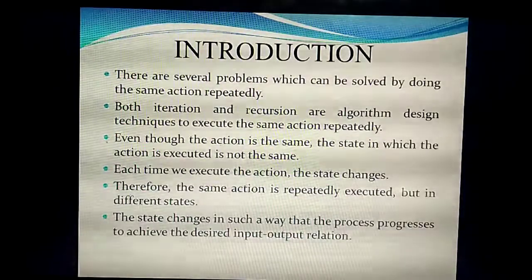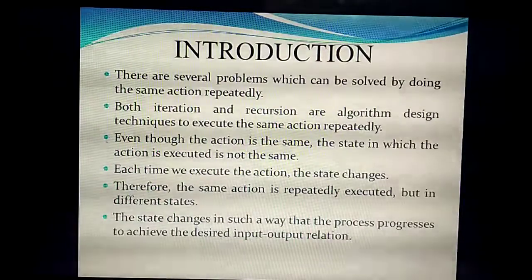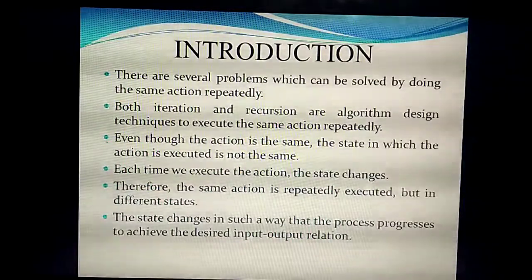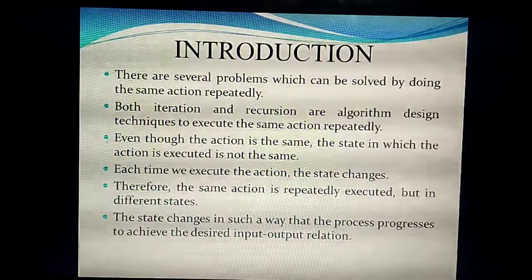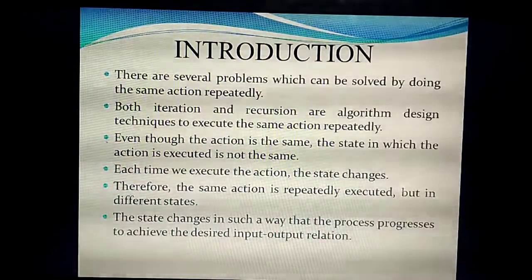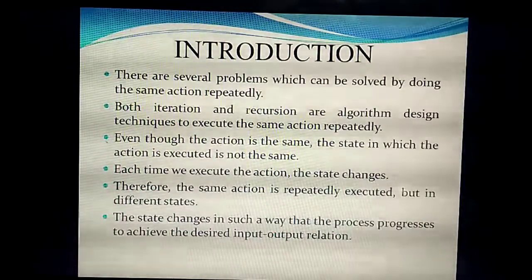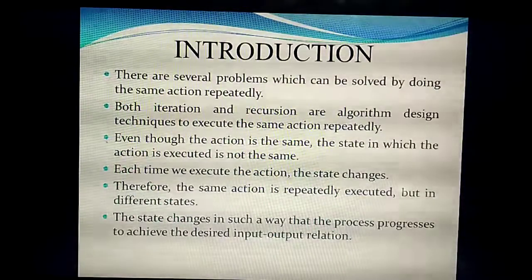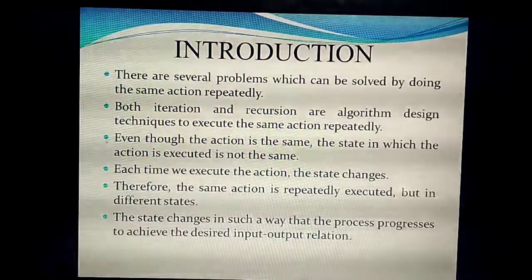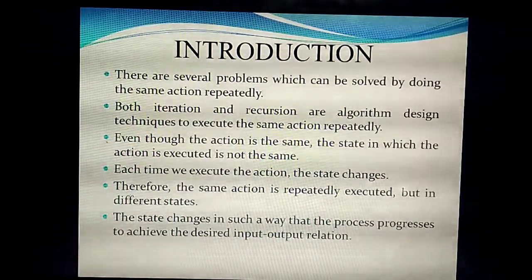For example, for state, immediately remember the example of the traffic signal. In the 6th chapter we studied the traffic signal problem. There are 3 colors: green, red and amber. At a time, any one color will blink, and any one action will take place.